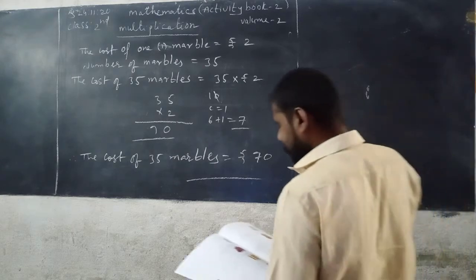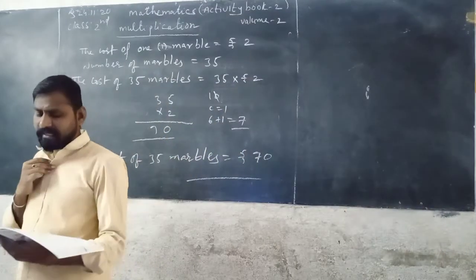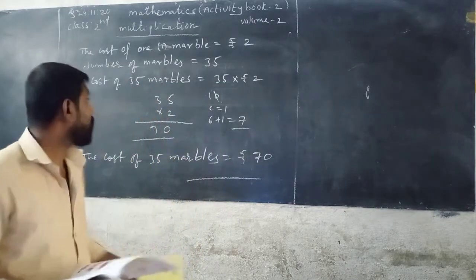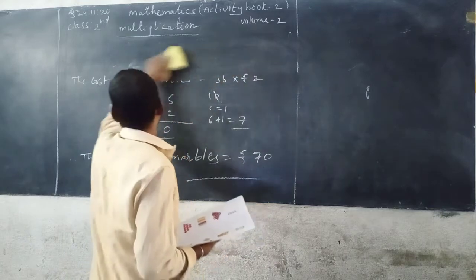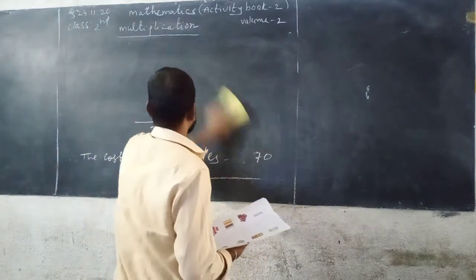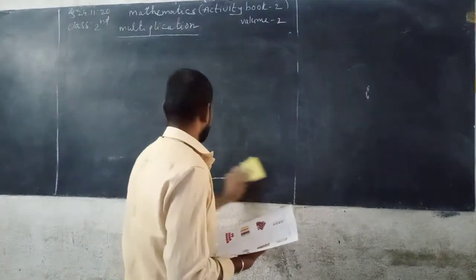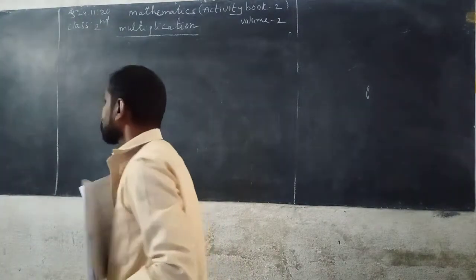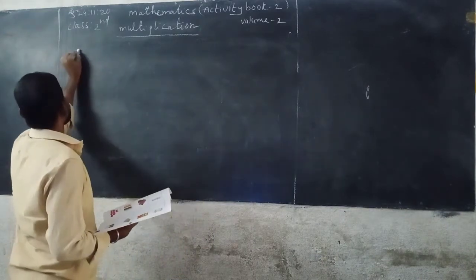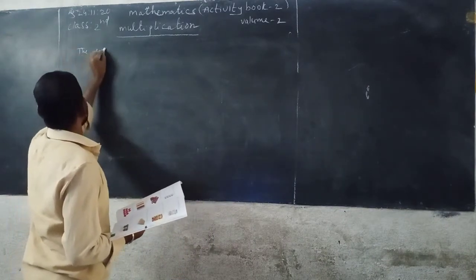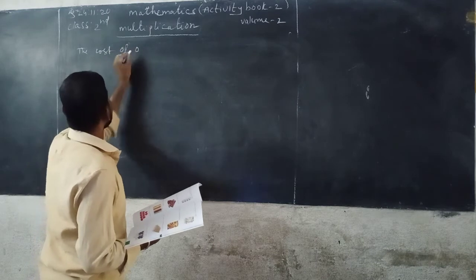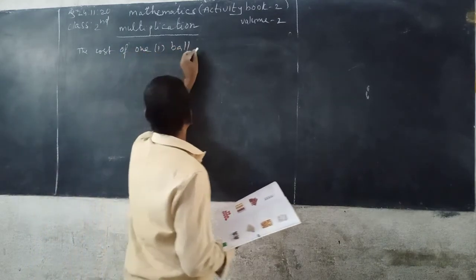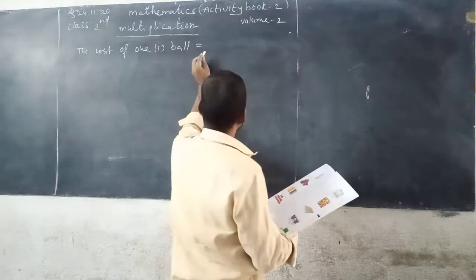Next, the cost of one ball is 3 rupees. What is the cost of 253 balls? The cost of one ball is equal to 3 rupees, beta.